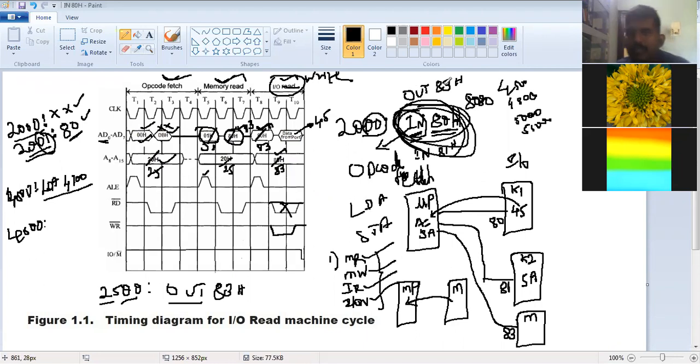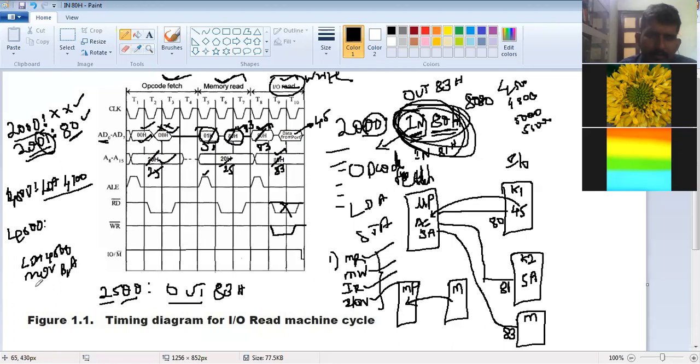Yes, the OUT instruction will take 10 T states. But when you are writing multiple lines, like first line LDA 4500, then MOV B, A, then MVI C, 00, then HLT.